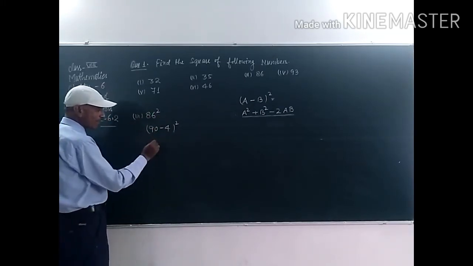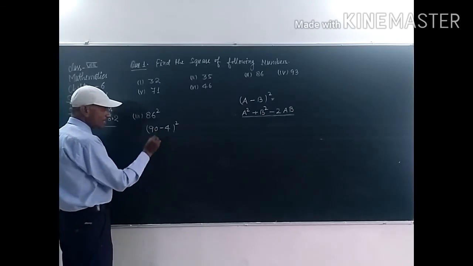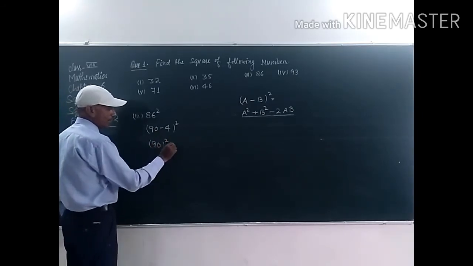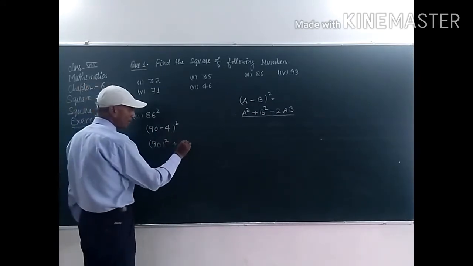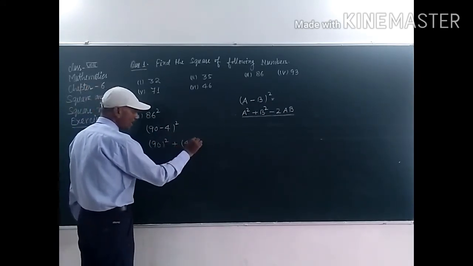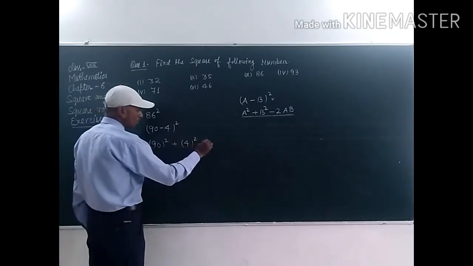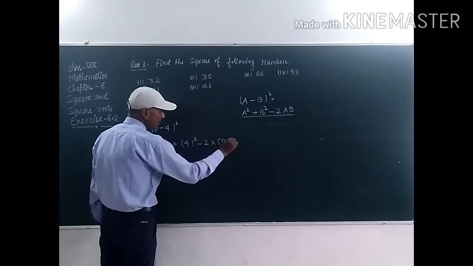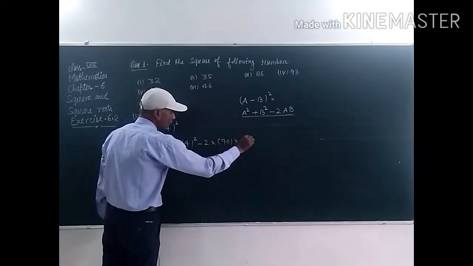So in place of a there is 90, so 90 square plus, in place of b, 4 square, minus 2 into a, means 90, into b, b means 4 here.